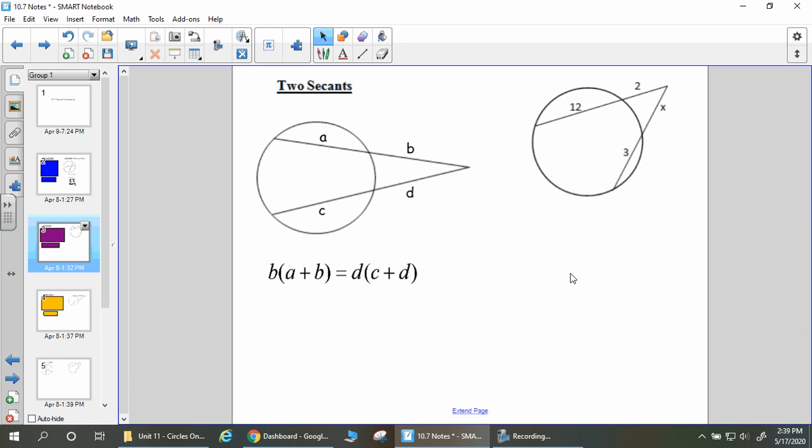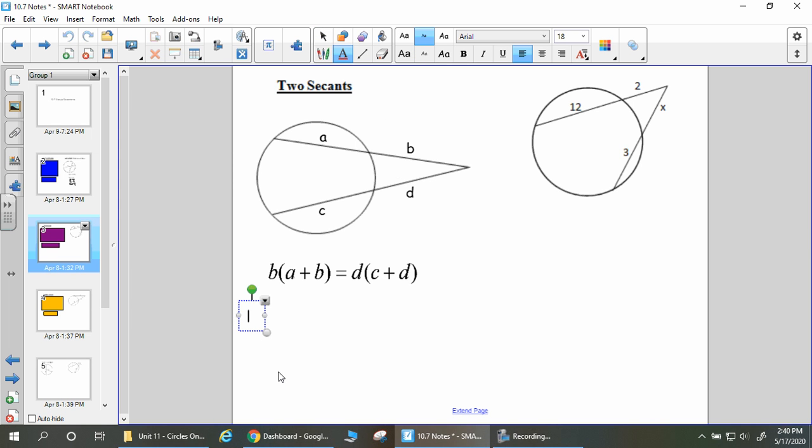And while you can use these letters to remember, to me, there's a much easier way to remember using actual words. So think about where B is in the picture. B is the part that is outside the circle, right? If I put A and B together, that's giving me the whole line. So really what you're saying is, take the part that's outside times the whole line.